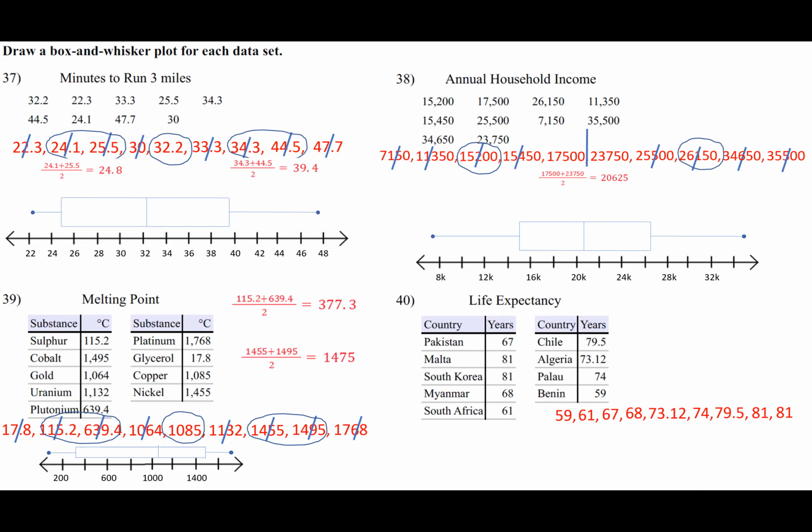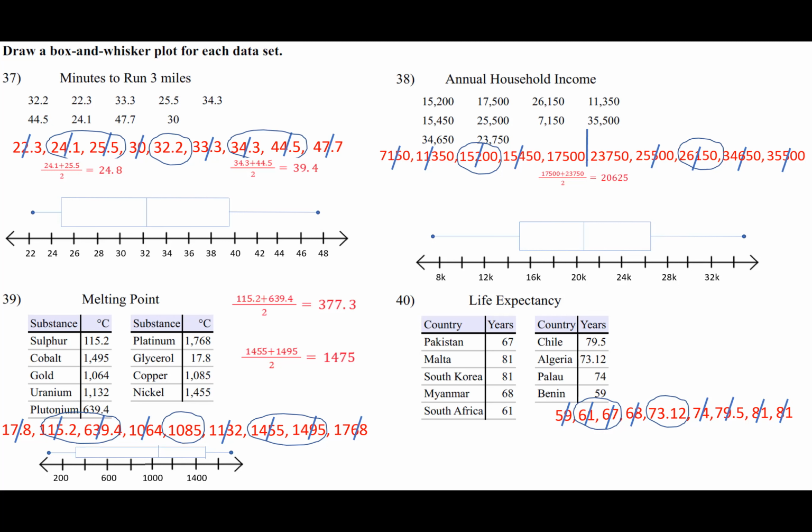Let me find the median first, the number that is right in the middle. Let me cancel the smallest and the largest numbers from my list, again and again. My median happens to be 73.12. To the left of the median, there are 4 numbers, so the middle should be in between 61 and 67.